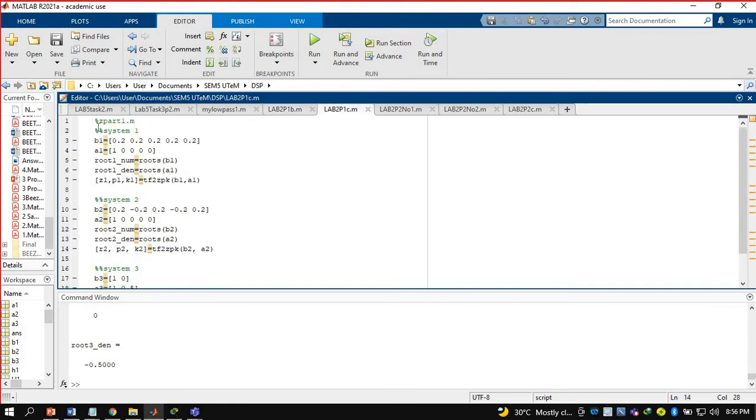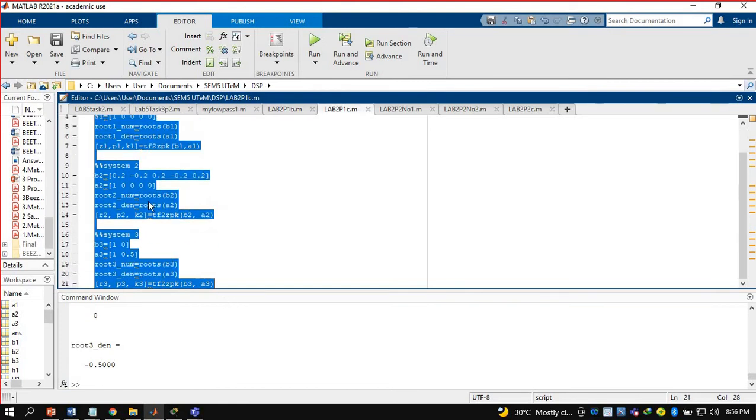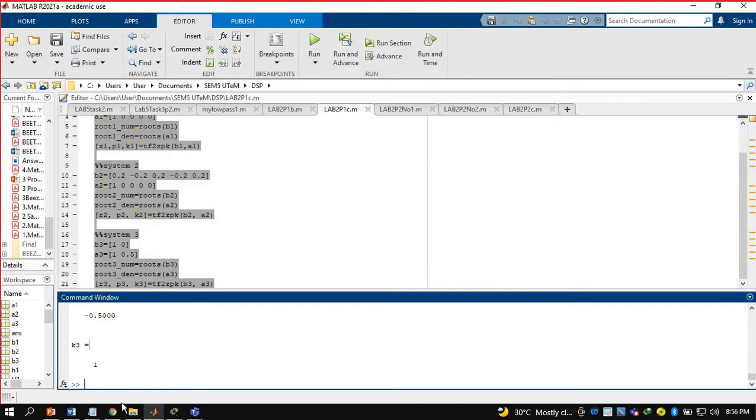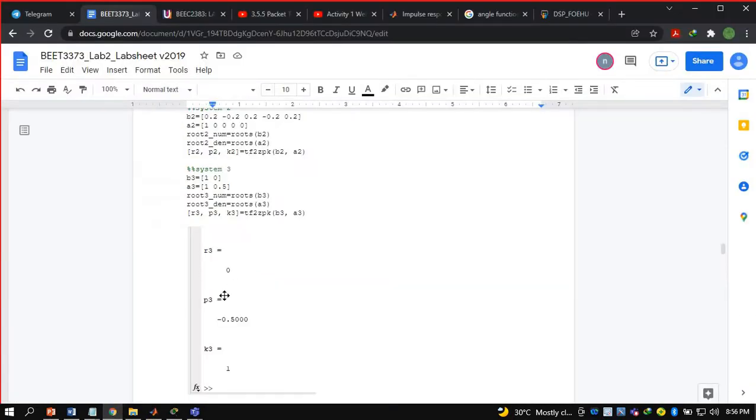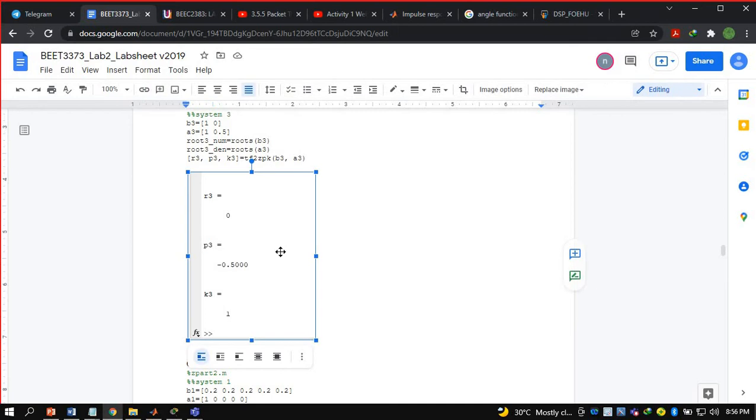So we run the coding. As you can see here, the value for K3 is 1. So this is the result for R3, P3 and K3.